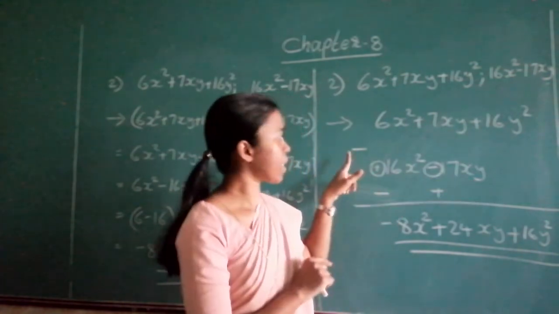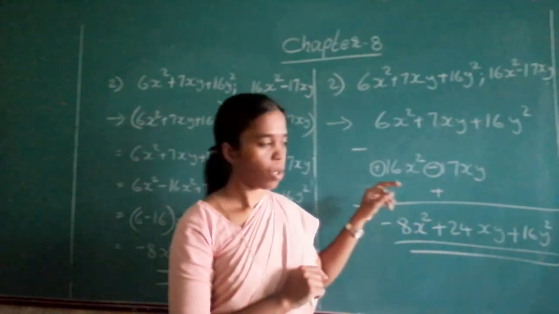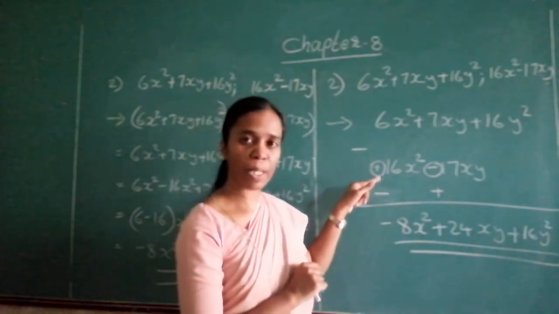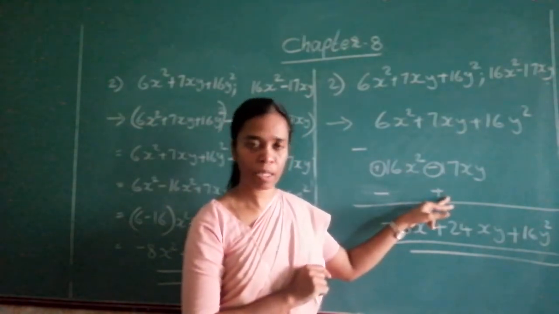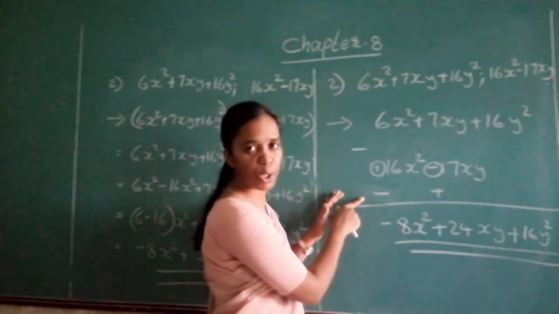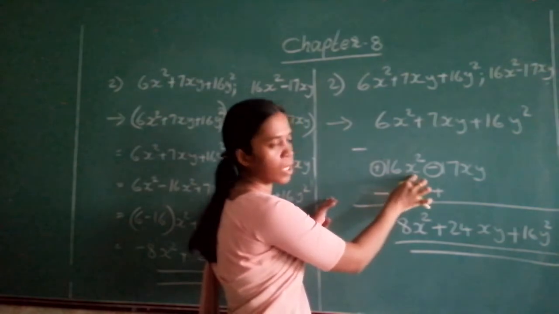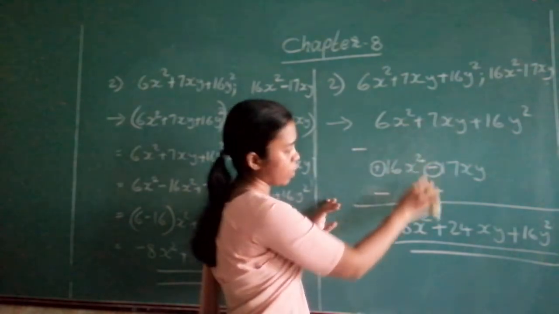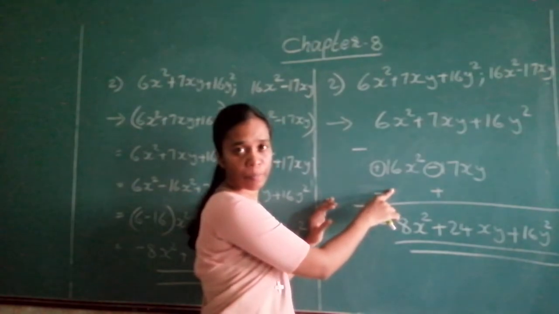Since this is a subtraction, sign changes. Opposite sign comes. Since this is plus, it becomes minus. Since this is minus, it becomes plus. So now when we are doing the operation, consider this sign that you have put. 6x square minus 16x square. X square is written as it is. 6 minus 16.